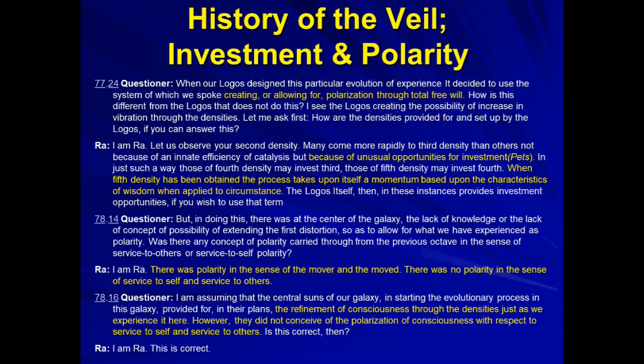Some of them last millions of years. Our original lifespan was supposed to be close to 1,000 years, and there's a lot in the Law of One as to why it's now down to only about 100, and there are good reasons for that. But originally it was set up that our lifespan would be 1,000 years, and then you die, go through the process of reviewing your life, and then reincarnate and continue on.